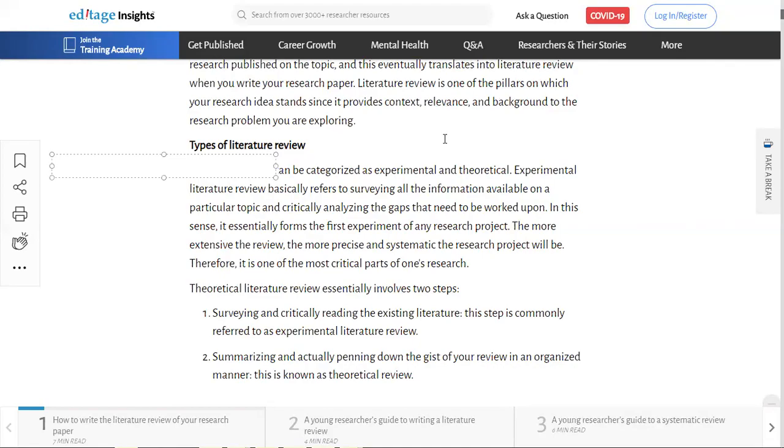Those three sections are the following. Number one, we're going to take into account the local studies. Number two, the national studies.